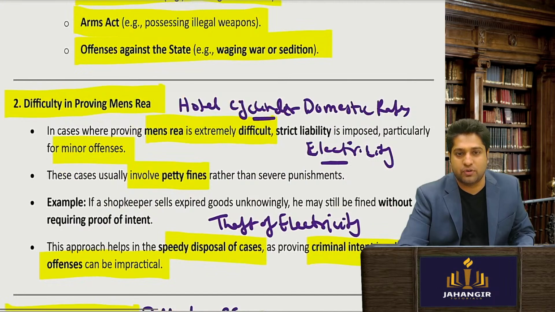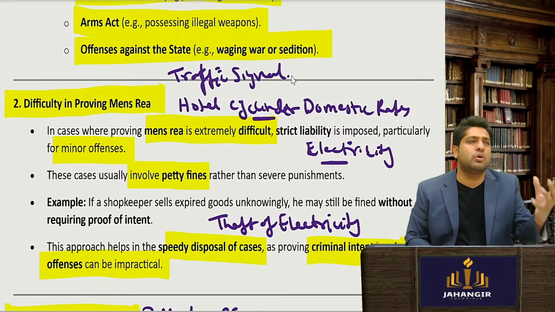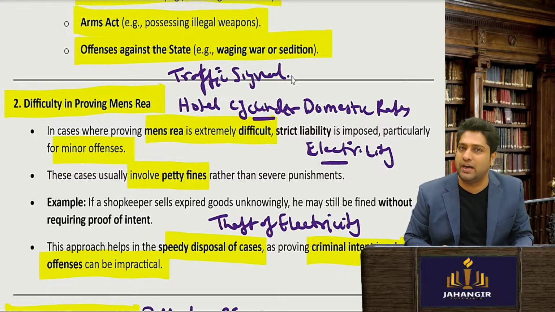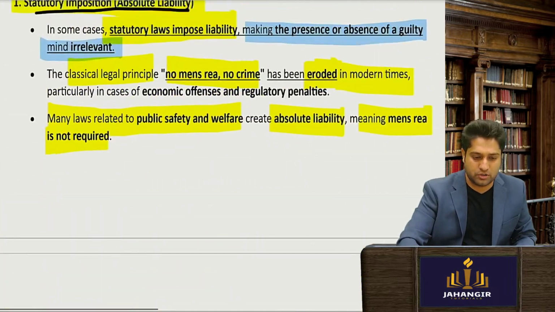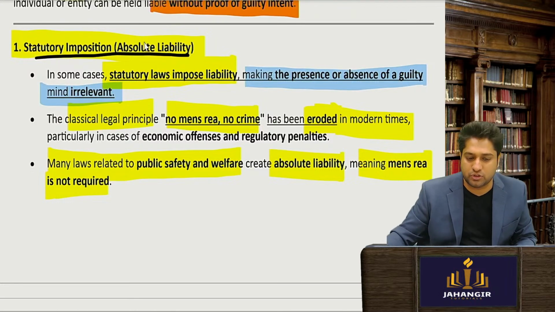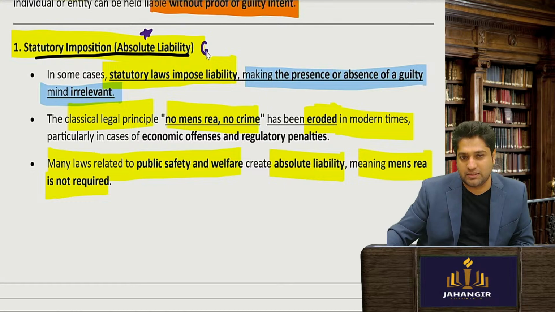Then next, if you go to see difficulty in proving mens rea, here I can give you the traffic signal. Really, the person must have not looked at this red signal and he must have moved ahead. Very difficult to prove. And the most important also, if you go to see here, is statutory imposition of the act itself, having certain kinds of guns.